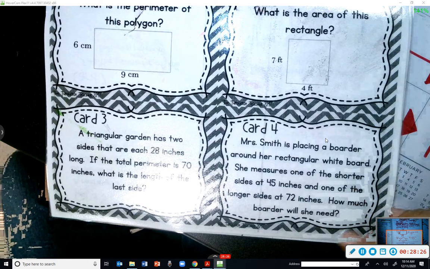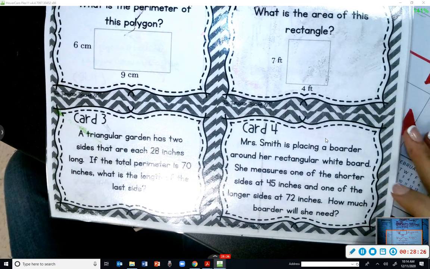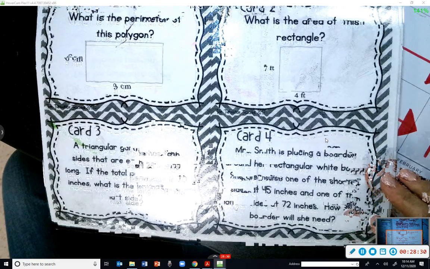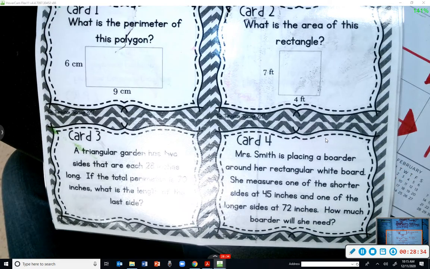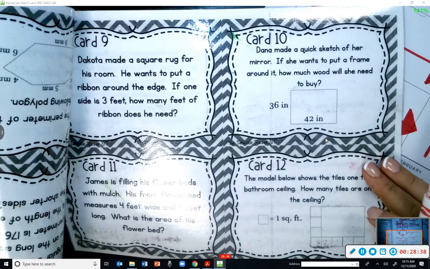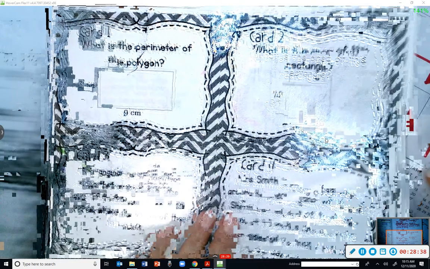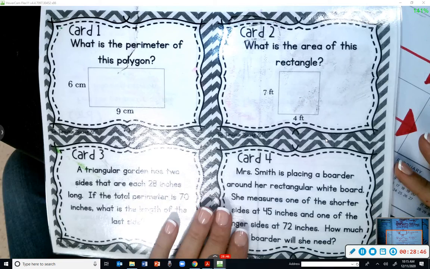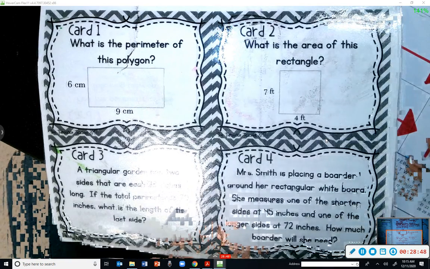You need to have a sheet of notebook paper to show your work. I'm going to let Javea pass that out in a second. We're not going to do all of these. Some of these we've already done, okay? So we're going to practice perimeter, and there's a couple bonus ones I will give you too for some bonus points, okay?